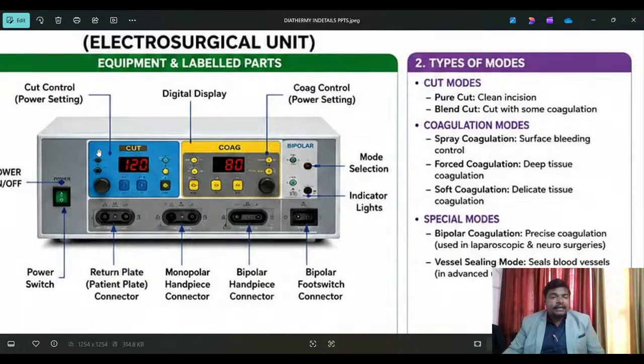If you see this picture, the types of modes here are cutting, coagulation, and bipolar. So three types of features are there. Cutting and coagulation, I'm going to share with you all. Cut modes means pure cut, clean incision, working on tissue, whatever tissue is available in our body, while doing surgery.